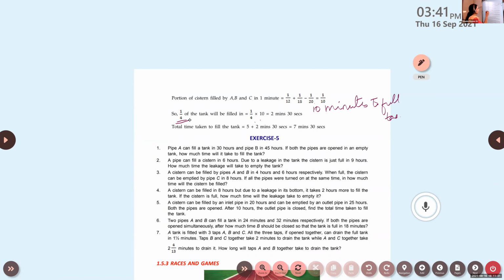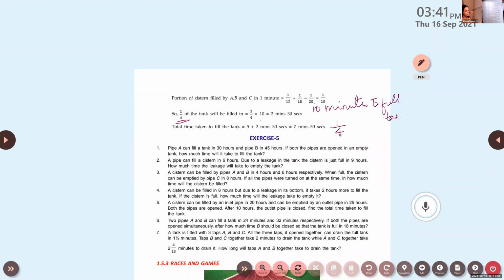So the part to be filled is 1 by 4. What will be the time taken to fill 1 by 4 of the tank? It is 1 by 4 into 10, which is 2 minutes 30 seconds. Therefore, the total time taken is 5 plus 2 minutes 30 seconds, which is 7 minutes 30 seconds.